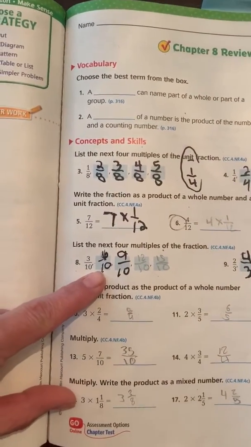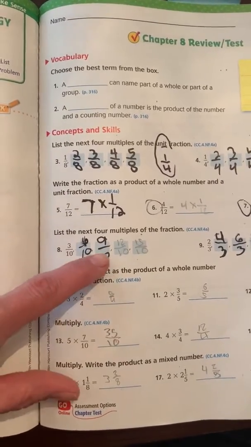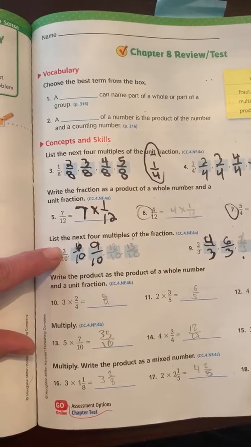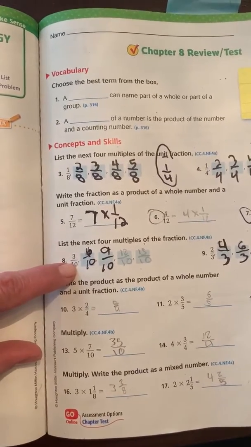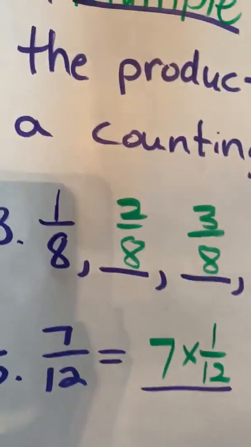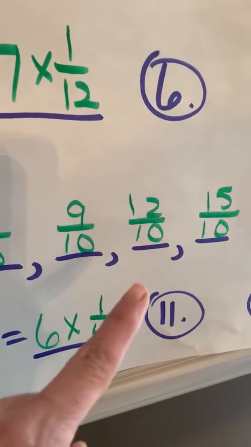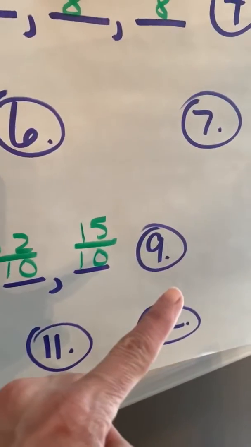Number 8, we are listing the next 4 multiples of the fraction 3/10, so the multiple would be the numerator's multiple and the denominator would stay the same. 3/10, 6/10. Oh, I'm sorry. 3/10, 6/10, 9/10, 12/10, 15/10. So go ahead and try number 9. It should work exactly the same way.